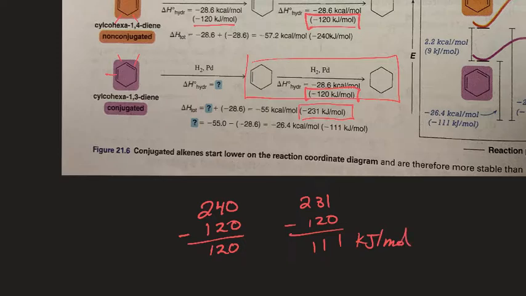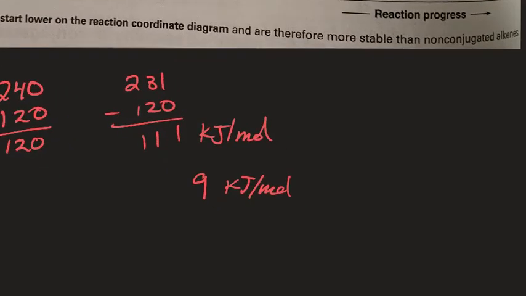So in this case, the difference here is going to be 9 kilojoules per mole, because you see 111 there, because it wasn't 120. So it's releasing 9 kilojoules per mole less energy in the conjugated system.